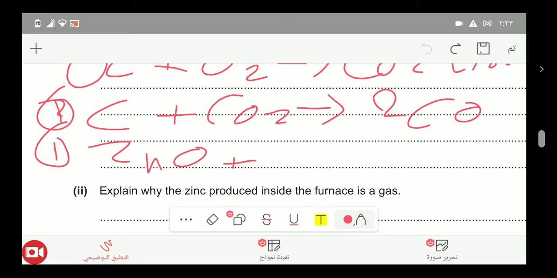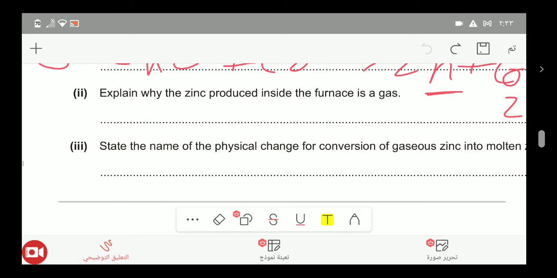Zinc oxide plus carbon monoxide will give zinc plus carbon dioxide, CO2. So firstly we had zinc oxide. Next we make a reaction between zinc oxide and carbon monoxide to have zinc at the end of the reaction. As you see, we have 3 marks now.